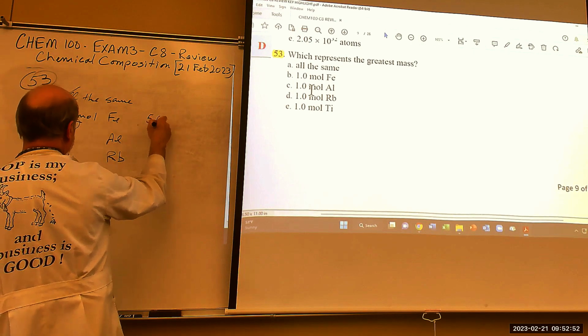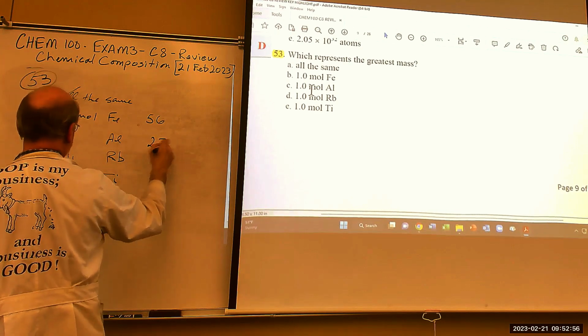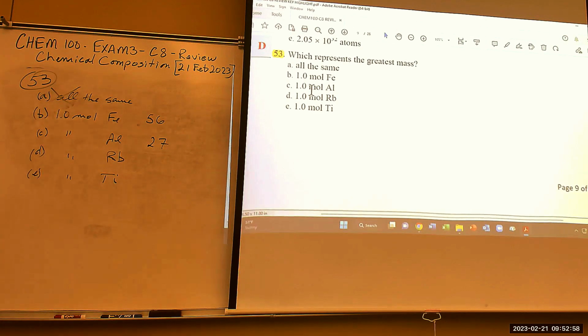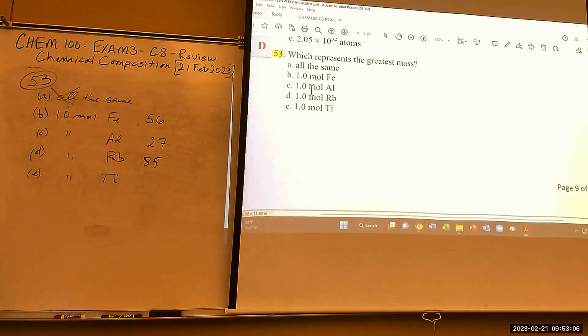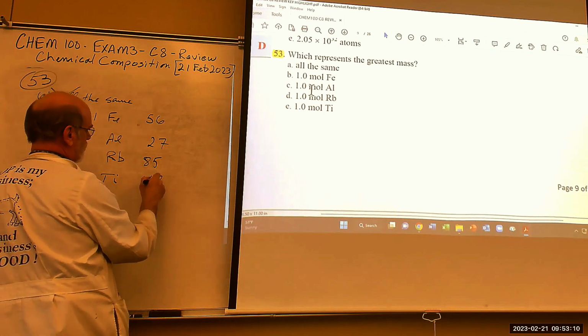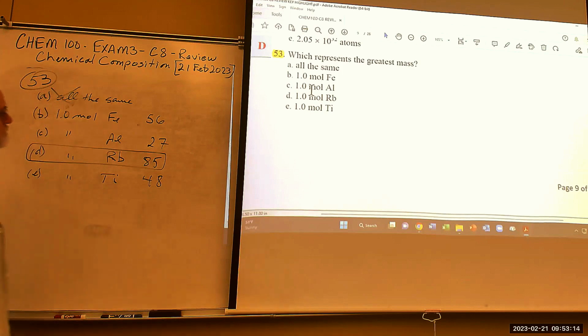I'm going to estimate. Aluminum is 27. Rubidium is about 85. And titanium is about 48. So there's the heavyweight, rubidium.